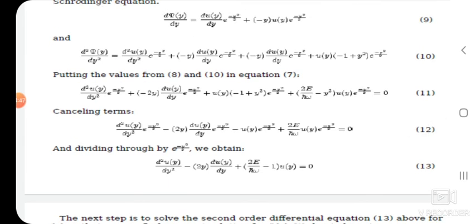Means we can use the solution of Hermite's differential equation as it is. Now what is Hermite's differential equation? That you can understand if we solve this equation.